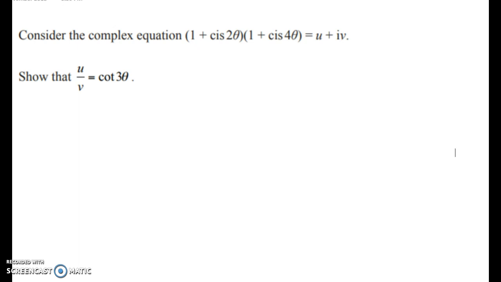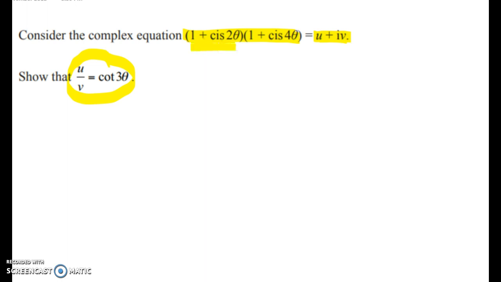So we start off by being given a complex equation. And this is it here. And we're told that this complex equation is equal to u plus iv. And we have to show that u over v is equal to cot of 3 theta. So let's look at what role the complex numbers play in here, because it's actually pretty minor.